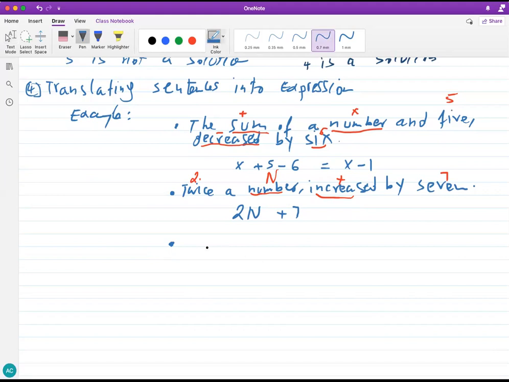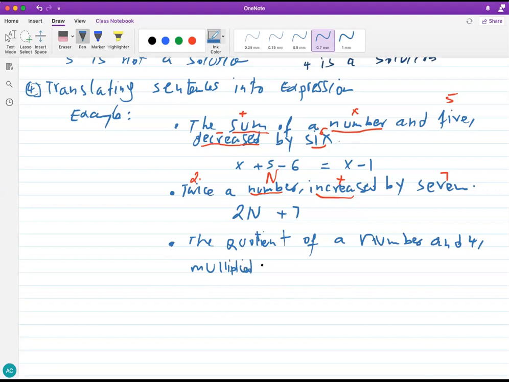Let's see. There's another one. So this time, the quotient of a number and 4 multiplied by, okay, multiplied, that's fine, by 2, or multiply by twice that number.